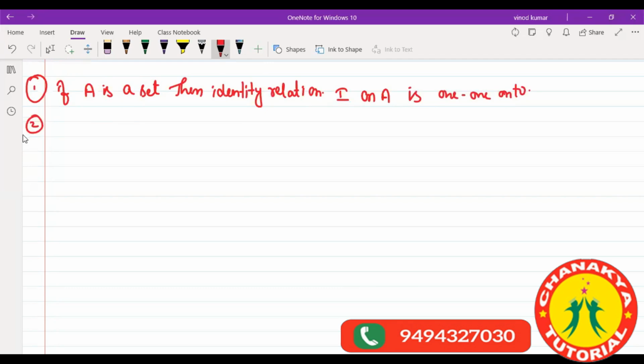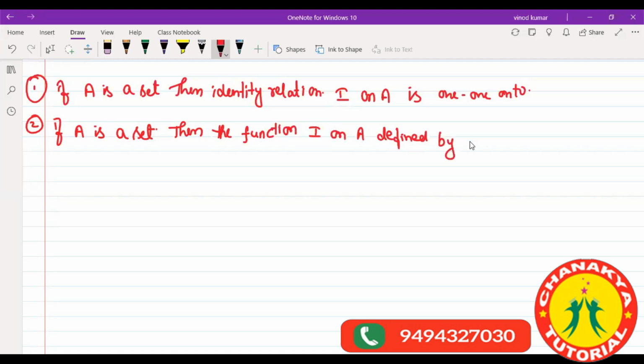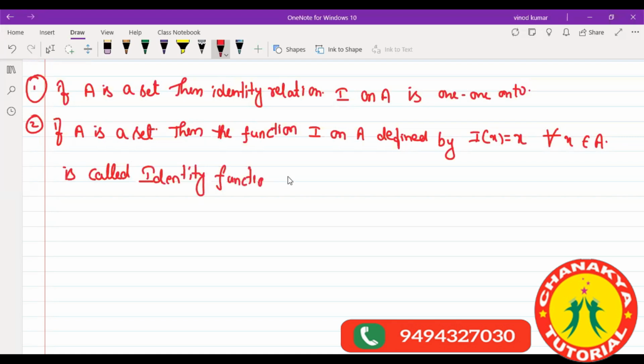Now, how do we define the identity function? If A is a set, then the function I on A defined by I of x equal to x for all x belongs to A is called the identity function on A. It is denoted by I_A.